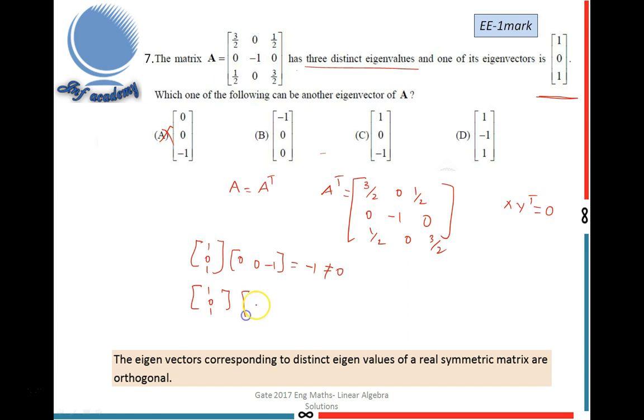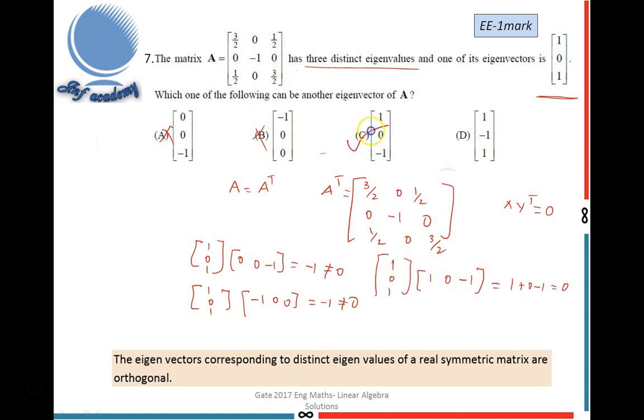Next, this one. 1 0 1 with minus 1 0 0 gives minus 1, not equal to 0. So B is wrong because these two are not orthogonal. Next, 1 0 1 is the given vector, and the C vector transpose is 1 0 minus 1. Multiplying, 1 plus 0 minus 1 is equal to 0.